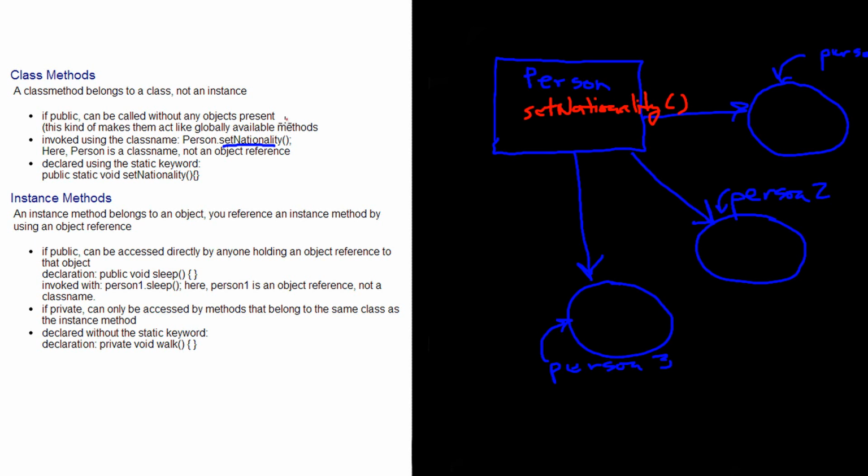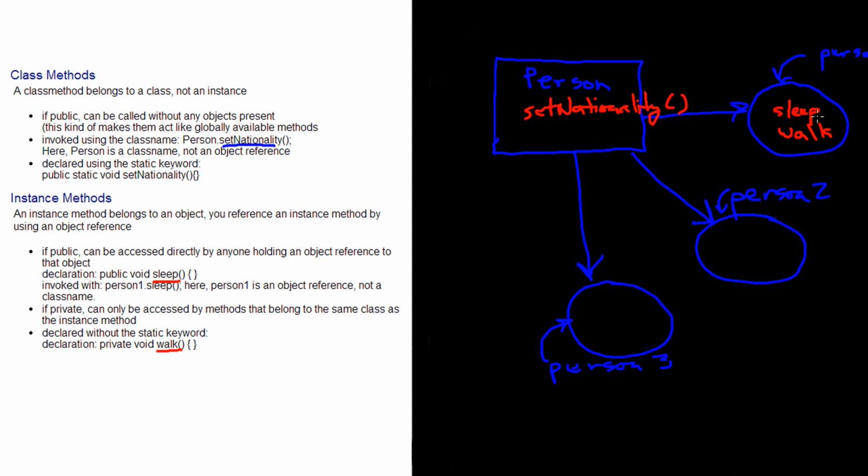And then we might create some instance methods, and those are the methods we were talking about in the last tutorial. For example, we might declare a method called sleep, and a method called walk. Maybe one's public, maybe one's private, whatever. But those methods belong to the instance, not the class.